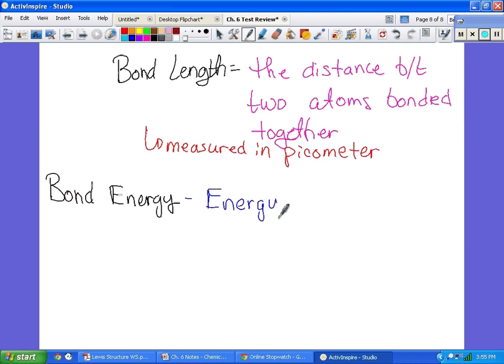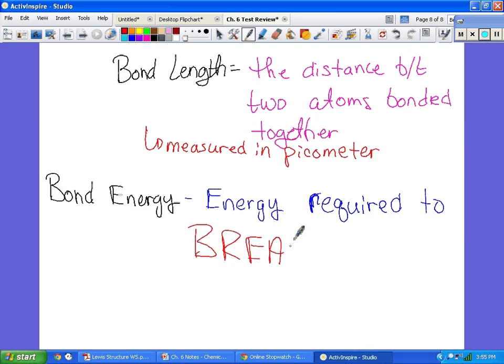What is bond energy? This is the key to this in red. So what is bond energy? The energy required to break it. Not make it, not form it, not create it.